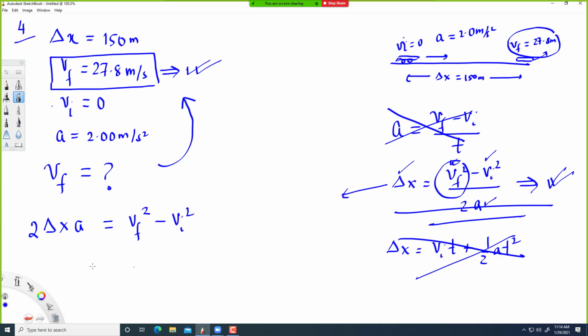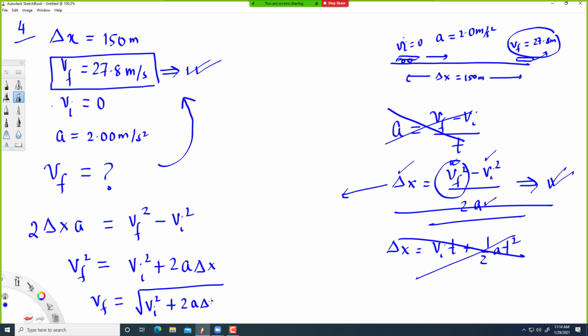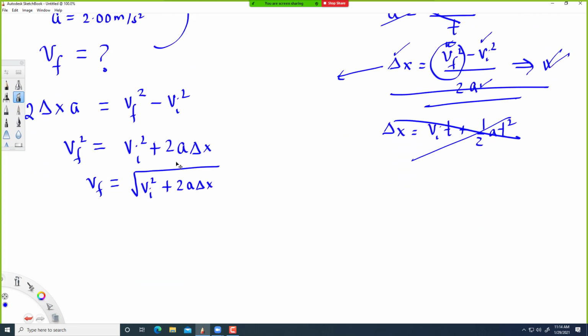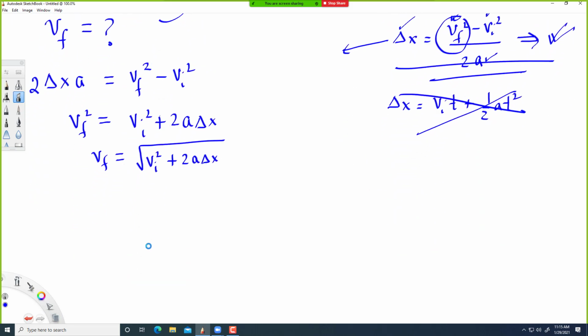Then VF squared would be VI squared plus 2A delta X. And then VF would be equal to the square root of VI squared plus 2A delta X. Does this make sense?